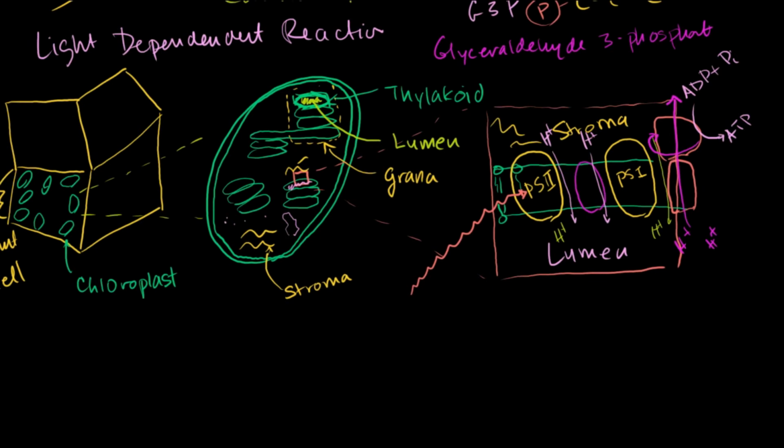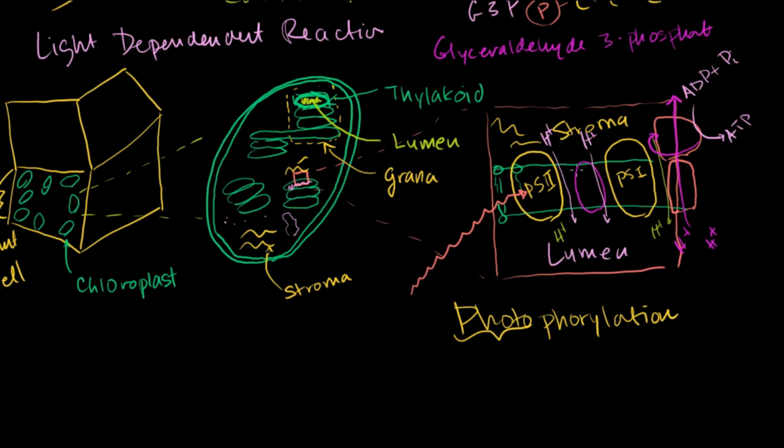But this process that I just described is called photophosphorylation. Let me do it in a nice color. Photophosphorylation. Why is it called that? Well, because we're using photons. That's the photo part. We're using light. We're using photons to excite electrons in chlorophyll. As those electrons get passed from one electron acceptor to another, they enter lower and lower energy states.